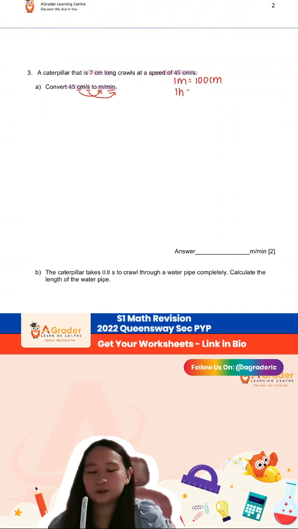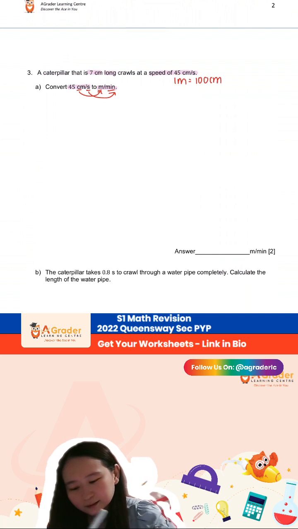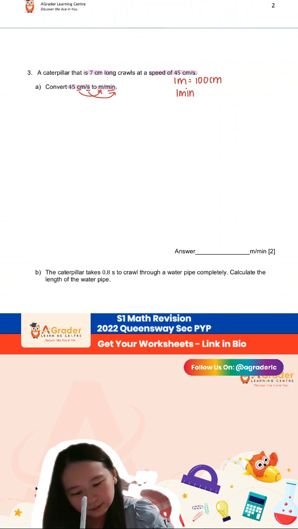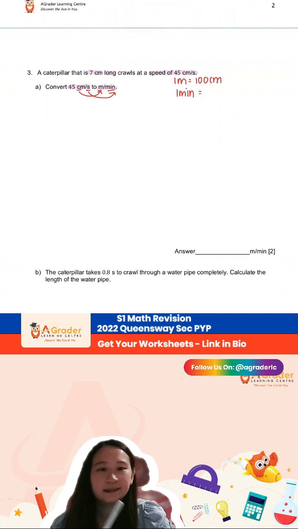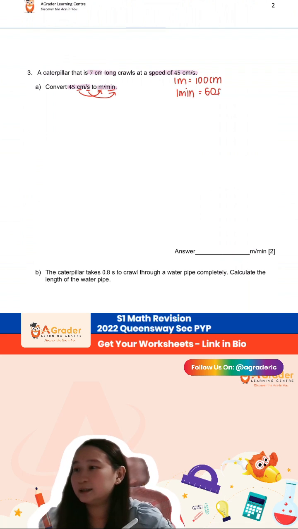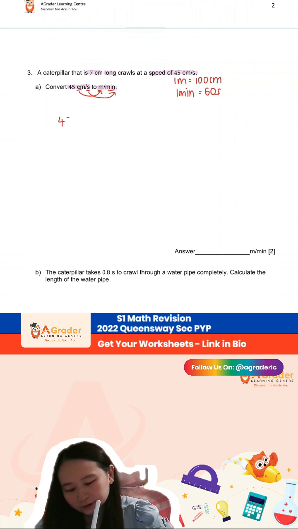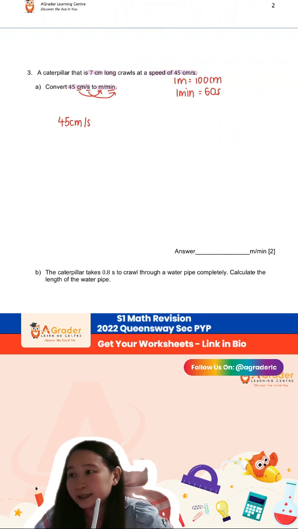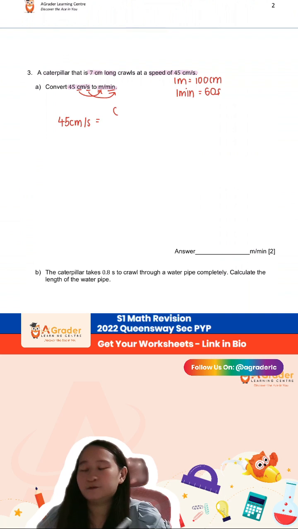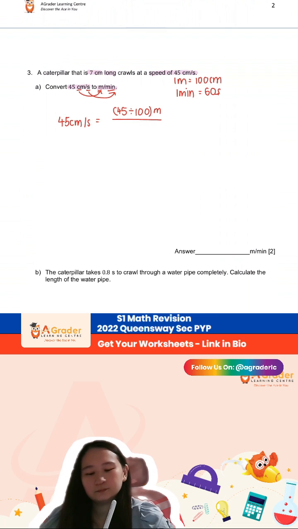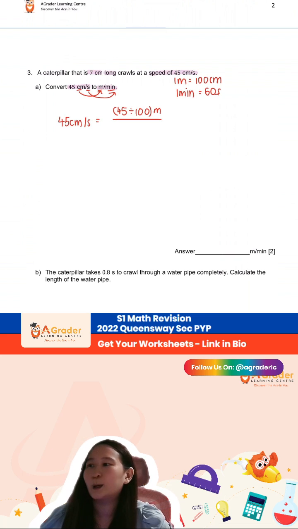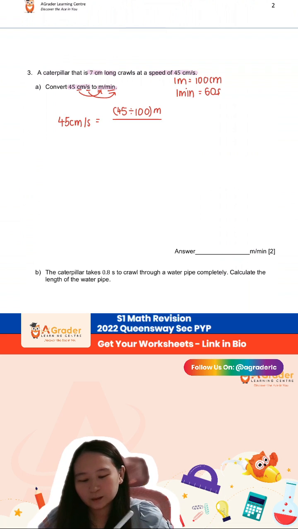And then your 1 minute is 60 seconds. Okay, so we use this conversion to help us. So 45 centimeter per second is equals to your 45 centimeter, you divide by 100 to give you meter. And then you divide by 1 second.